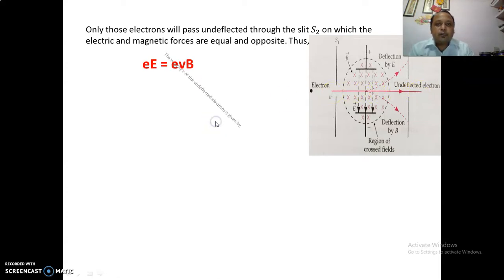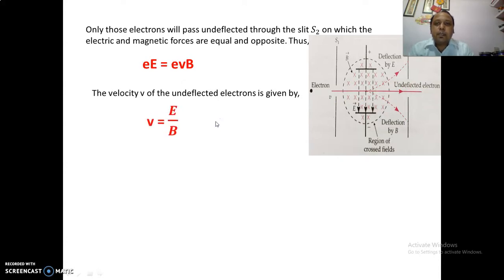The velocity required will be, as you can see, e and e cancel out, so the velocity is the electric field strength divided by the magnetic field strength, v = E/B. Now if there are many electrons having different velocities and you need to take out an electron with a certain velocity, then you need to take the values of the electric field strength and magnetic field strength in such a way that their ratio equals the velocity which needs to come out of the slit S2.